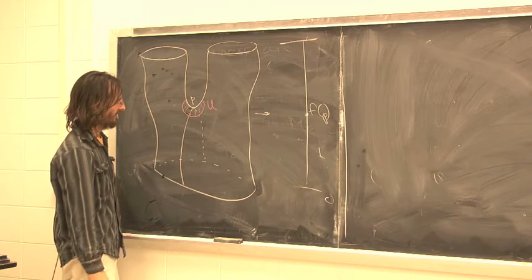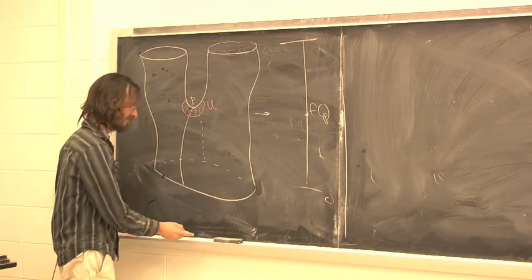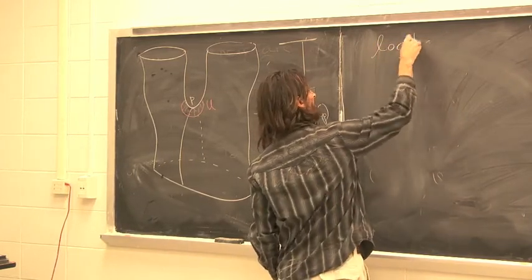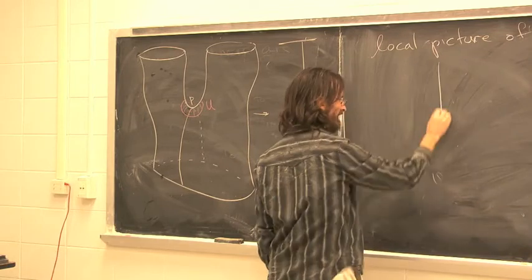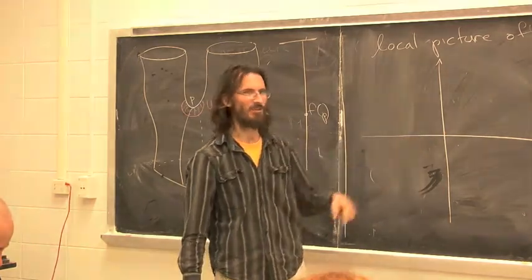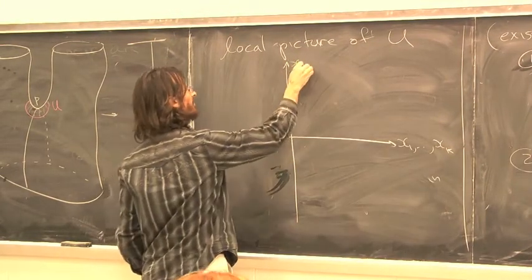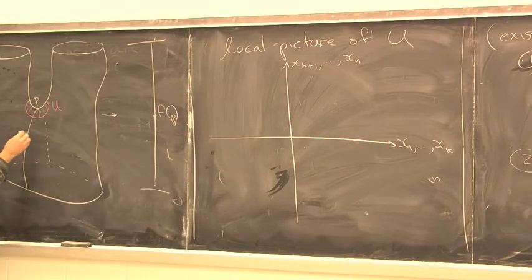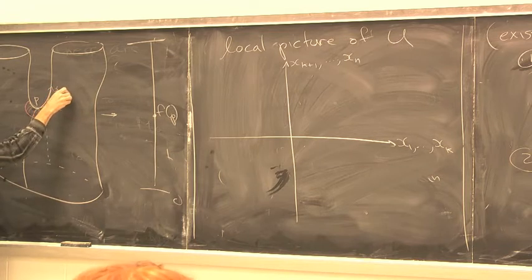What I want to do is draw a picture of this coordinate neighborhood U first, a local picture of what's happening inside of U. The picture I like to draw has the x coordinate being x1 up to xk, and the y-axis being xk plus 1 up to xn.